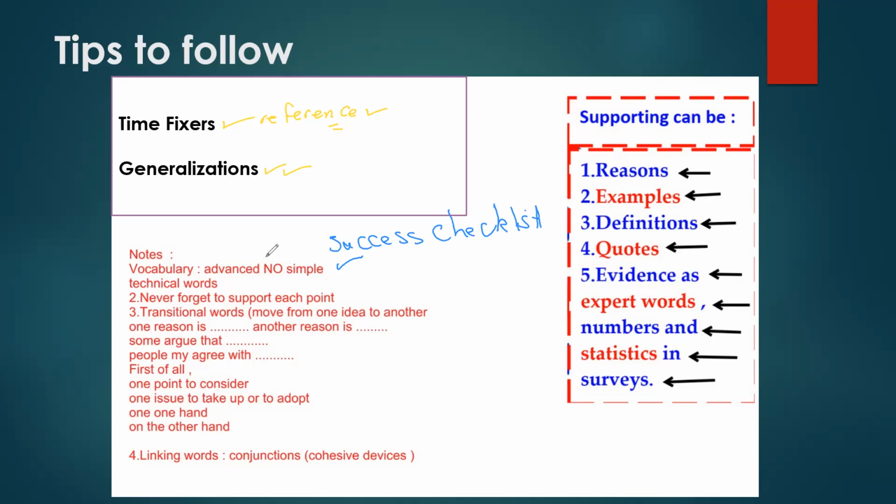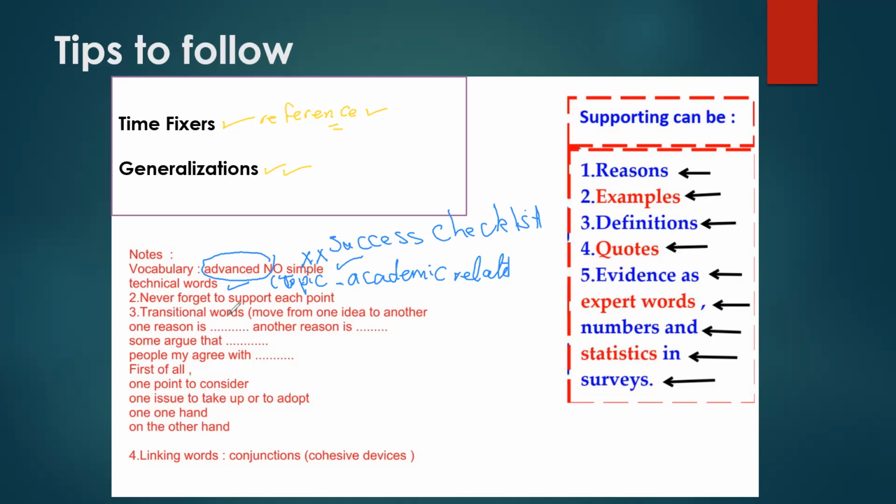So use advanced vocabulary and not simple vocabulary. Number two, you should use technical words. We mentioned that technical words means the vocabulary that is related to the topic, so topic and academic related words.